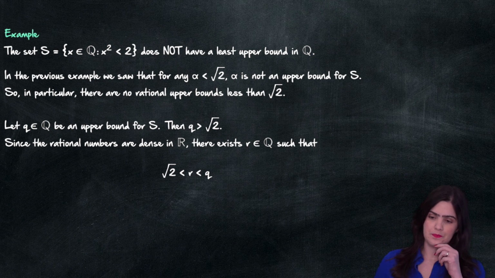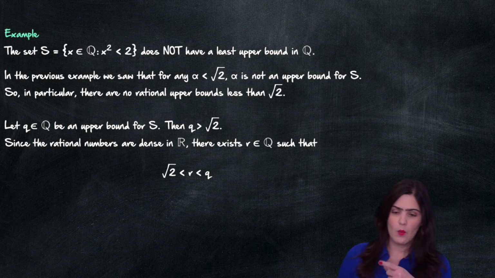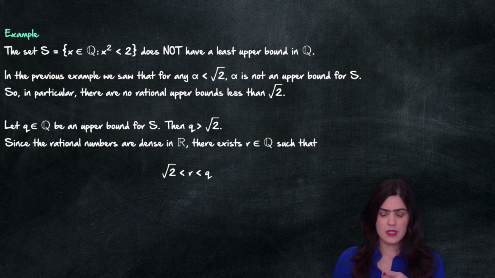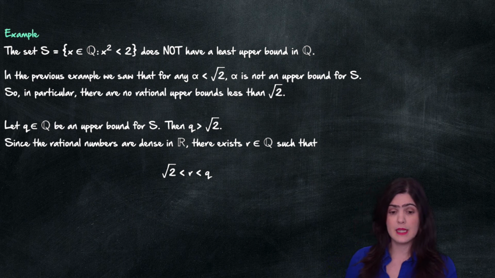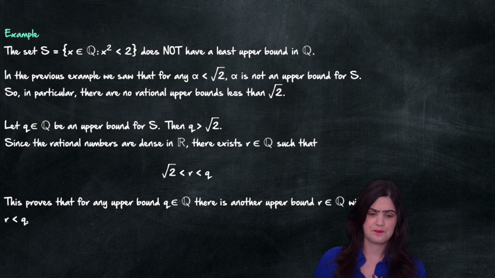Oh, okay. But then what we managed to do is find another upper bound that is rational and that is smaller than the upper bound that we already had.